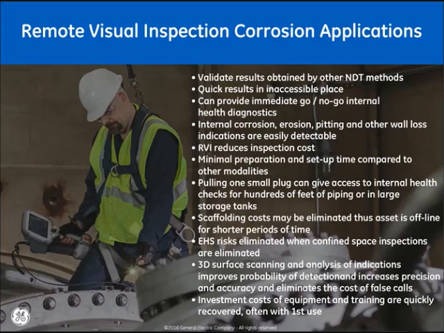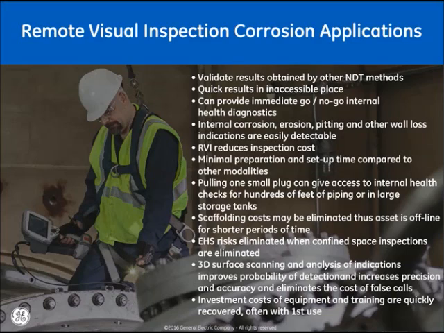When you find an indication with other NDT modalities, such as when you're verifying the results that have been attained from an eddy current inspection, maybe in a heat exchanger, RVI will help you validate what the other NDT modalities are giving indications of. RVI is designed to reach areas which are not typically easily accessible for a visual inspection.